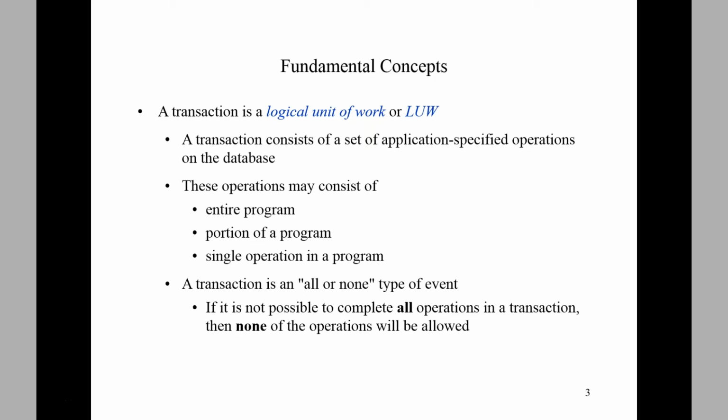So what is needed is a way to isolate the actions of one user from those of another. This isolation property of a transaction ensures that each transaction appears to execute in isolation from other transactions, even though the transactions are executing concurrently.